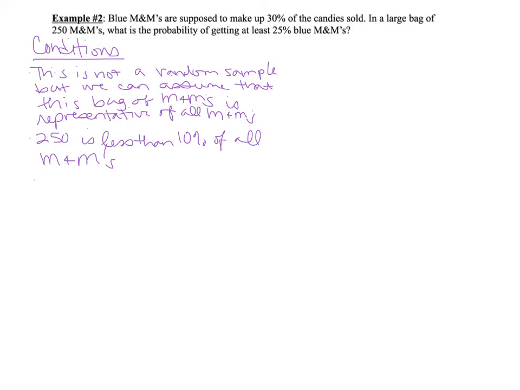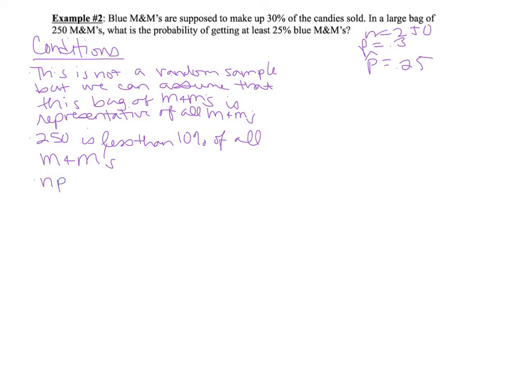So my N is 250. My P, actually, in this case, is 0.3. This 0.25, this 25%, that is my P hat. That is my sample proportion. So when you do the success failure, you will want to use the population proportion. So just be really careful about that.